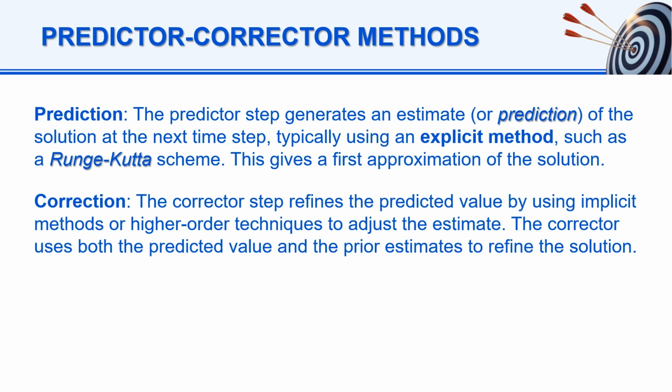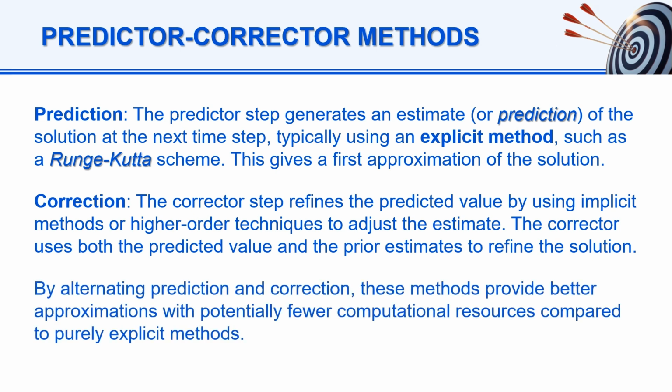The corrector uses both the predicted value and the prior estimates to refine the solution. By alternating prediction and correction, these methods provide better approximations with potentially fewer computational resources compared to purely explicit methods.